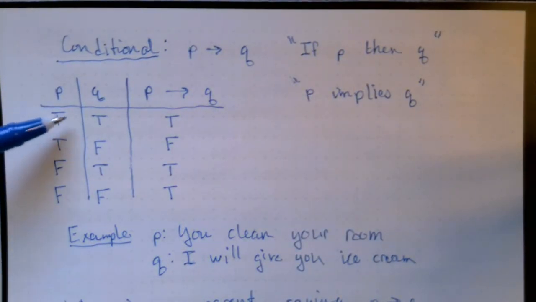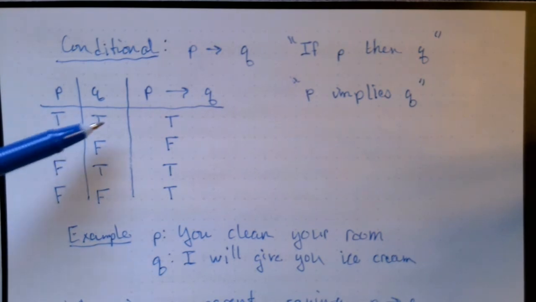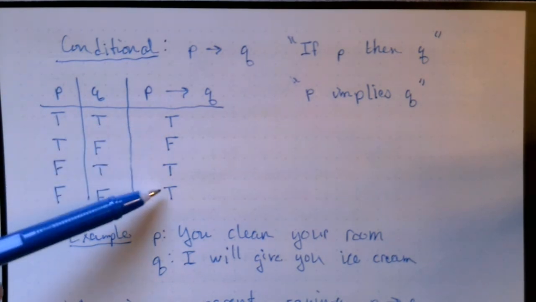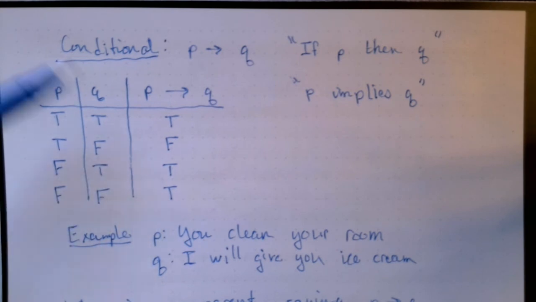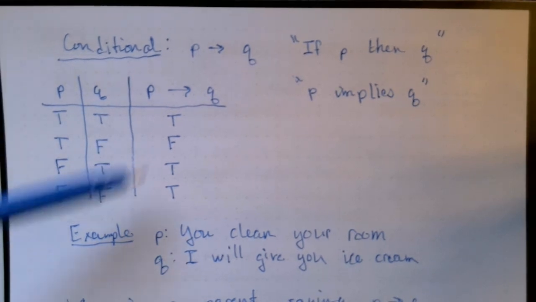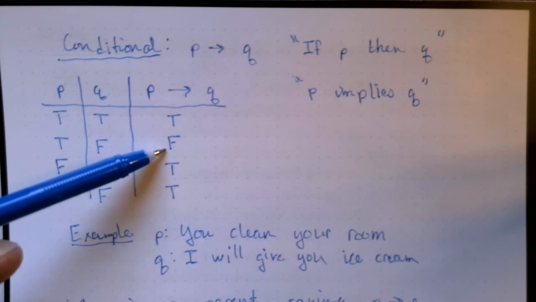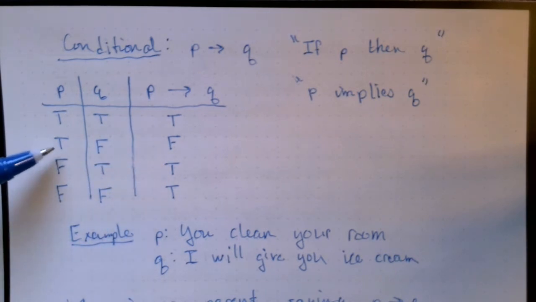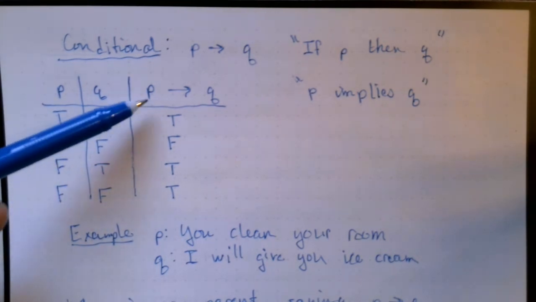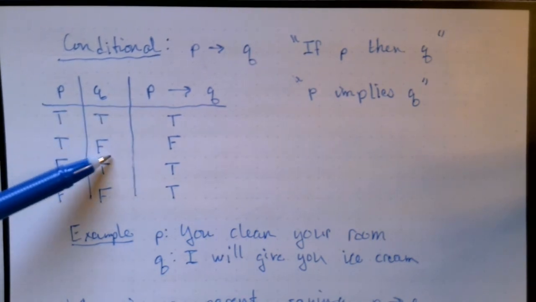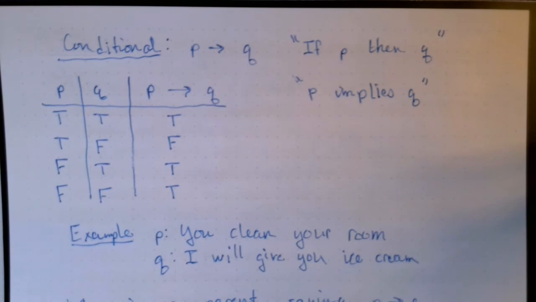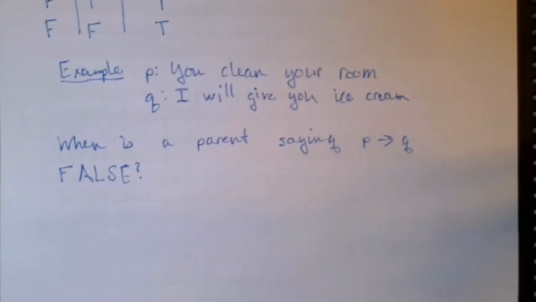This is the truth table right here, with the various truth values of P and Q, and then the truth value of the conditional statement. It might be best to think of an example. Look at these truth values here. Notice the only time the conditional is false is when the starting statement is true, but the ending statement is false.